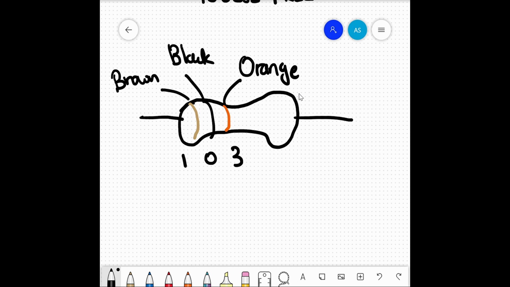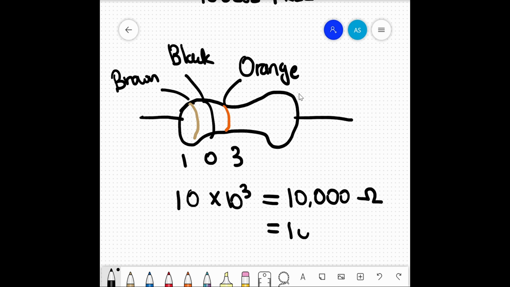So this would mean that the resistance here would be 10 times 10 to the power of 3, which would give you 10,000 ohms or 10 kilo ohms. If you got this answer, well, congrats, you did well. If you didn't, do not worry, there's always another chance to try again.